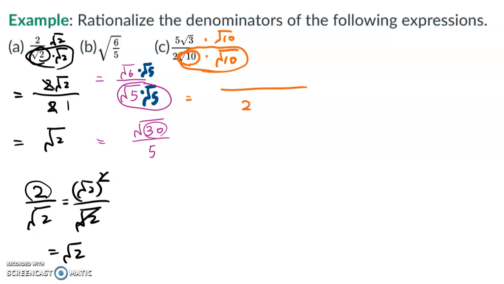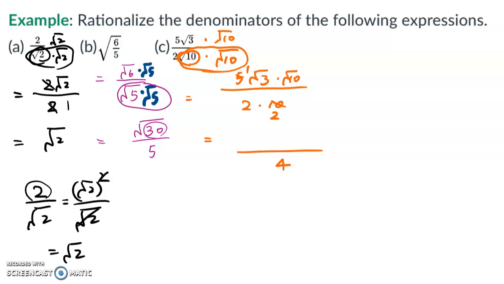So you have 2 times 10 at the bottom. On top, you have 5 times square root of 3 times square root of 10. Over here, we can cancel out some common factors. 5 and 10 share a common factor of 5. So divide 5 by 5, that's 1. Divide 10 by 5, that's 2. So at the bottom, 2 times 2 is 4.